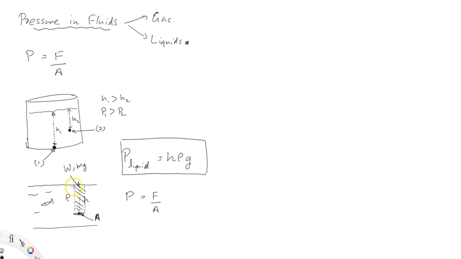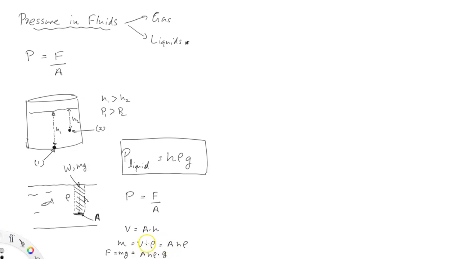So how do you find the weight of this? If we know the volume of this cylindrical column, volume is area times height, and then we can find the mass, which is volume times density, so A H rho, and the force, which is the weight of it, mg, that's going to be A H rho times g.